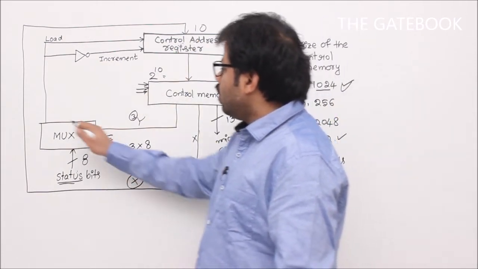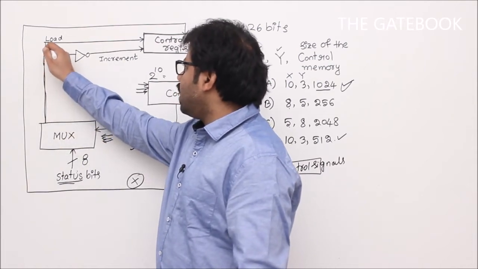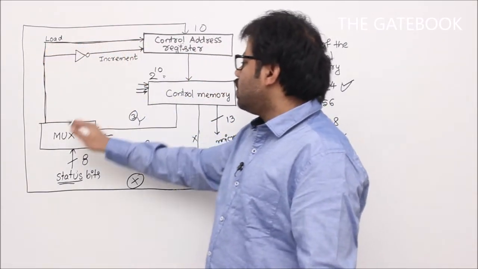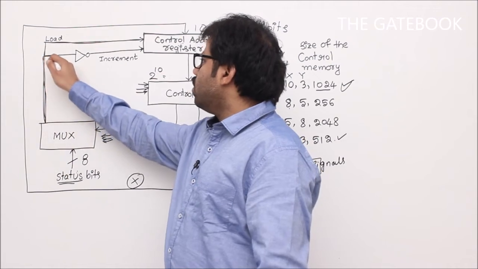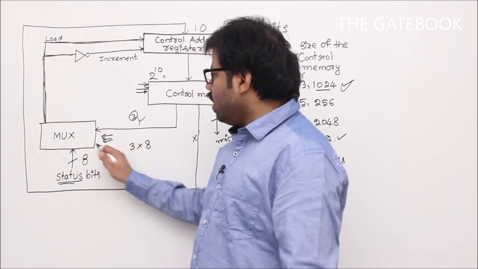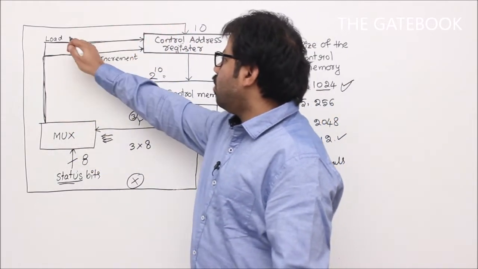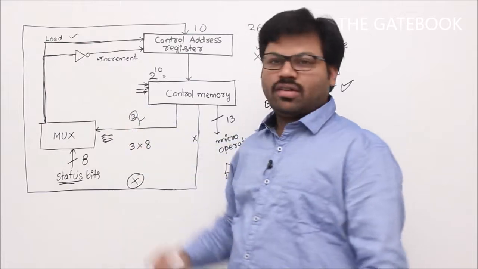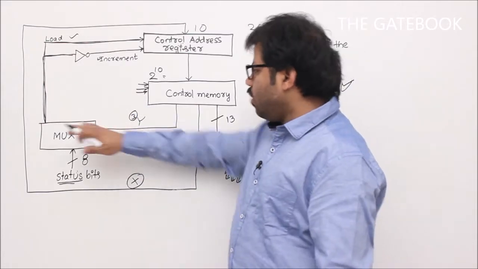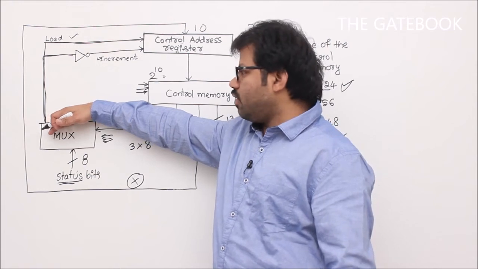You see, this multiplexer is connected in such a way that some lines are connected to load and some lines are connected to increment. That means whatever status bit is selected here is going to affect this control address register in two ways: sometimes load, sometimes increment. Forget about which one is affecting in what mode, it doesn't matter for us.